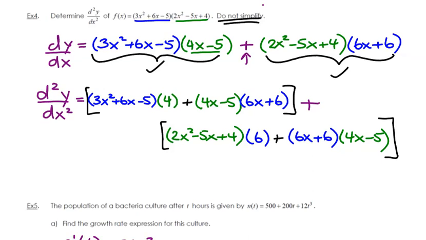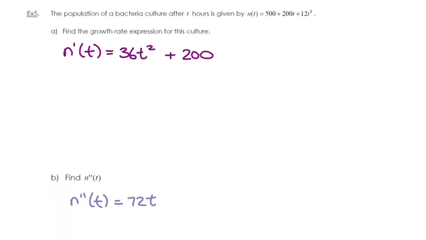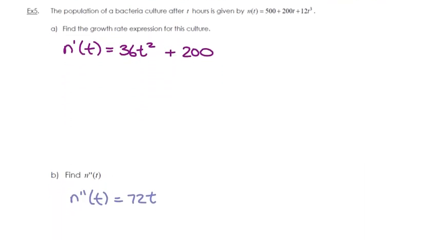So what happens if you see a word problem? All right, so here's a word problem, and I want you to understand what the derivative or the second derivative actually means. In this case, we're talking about the population of a bacteria culture over t hours. Okay, so we have our original function, and N stands for how many bacteria you're talking about, and t obviously stands for time.